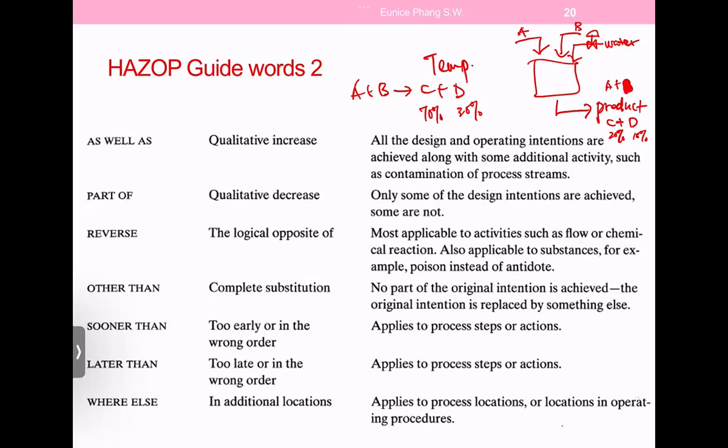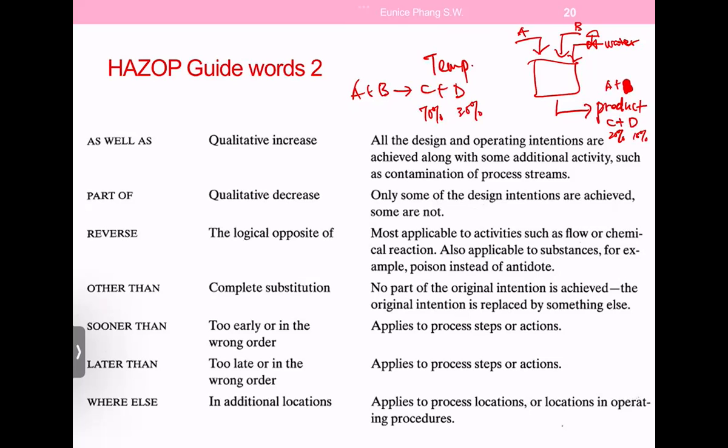That's where part of comes in. So you may want to check back your reactor, what went wrong. Reverse, most of the time talks about flow. It's mainly about flow or chemical reaction, so you can have a reverse flow or a reverse reaction.